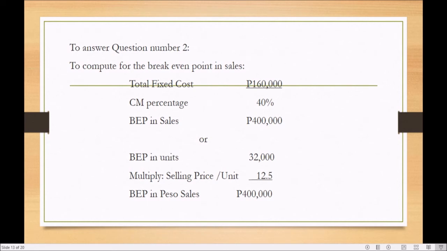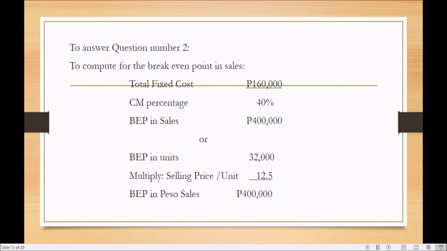So, 160 divided by 40%. Oh, sige, calculate. So, we will come up with 400,000 pesos. Okay? Ganon. Pero, yung iba, ganito nila kino-compute yung break-even point in peso sales. Pero hindi ko naman po sinasabing mali po yan, no?